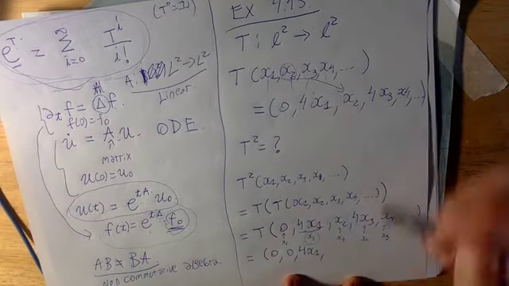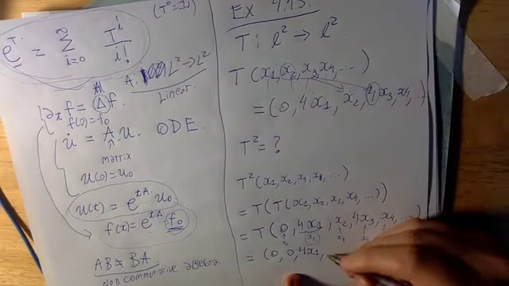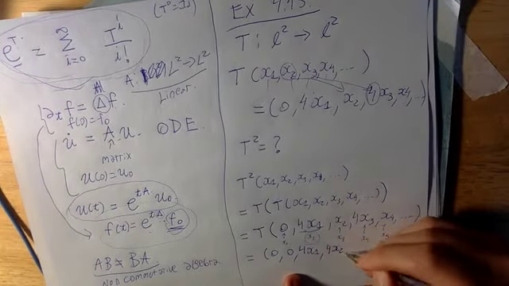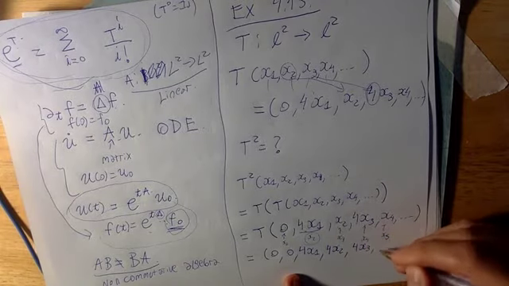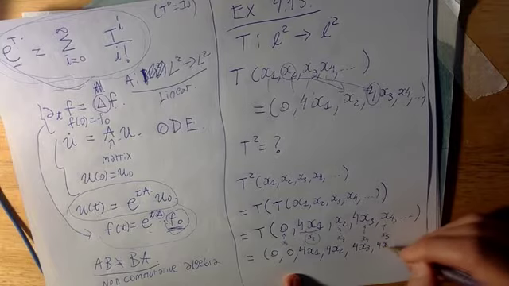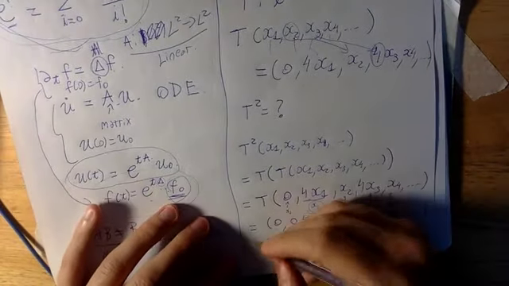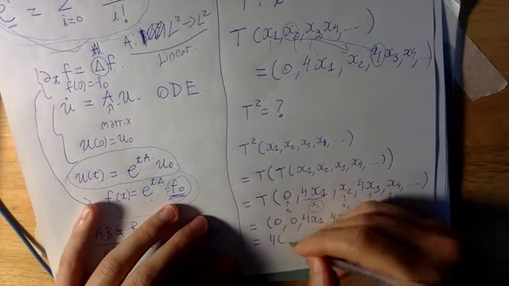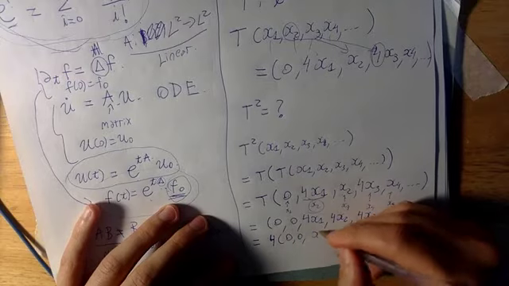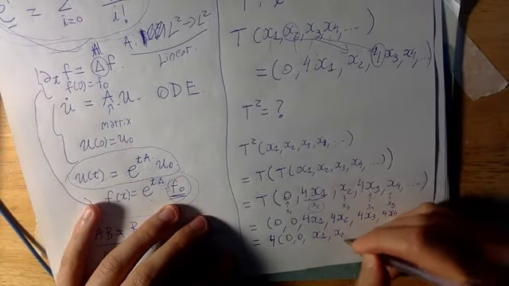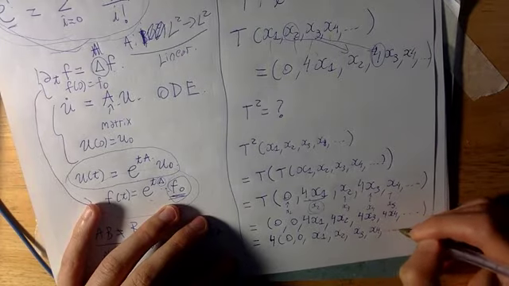The element in the third position moves one to the right and is multiplied by 4. So this is 4x2. And if I keep going with this rule, this is 4x3, 4x4, and so on. In particular, what you get is that this is equal to 4 times 0, 0, x1, x2, x3, x4, and so on.